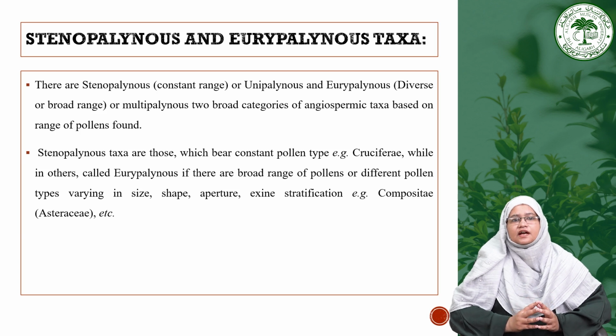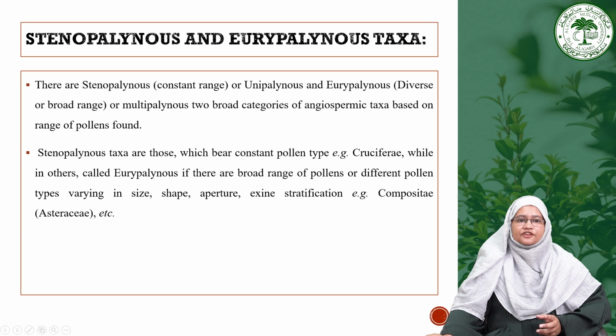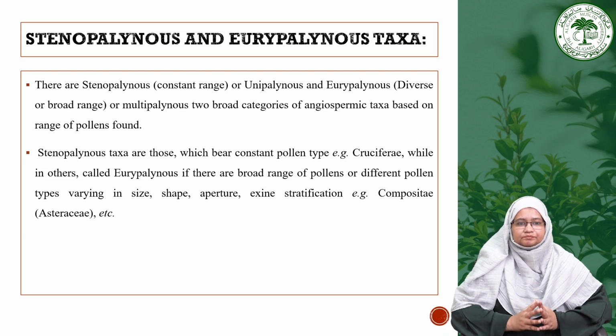Then if we see the Stenopalynous and Eurypalynous taxa, there are Stenopalynous, that is the constant range of Unipalynous, and Eurypalynous, that has the drivers of broad range, or Multipalynous, with the two broad categories of angiosperm taxa based on the range of different types of pollen.